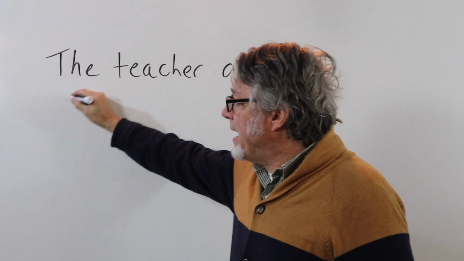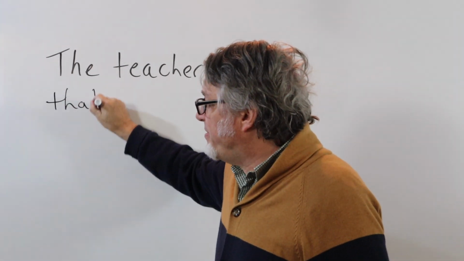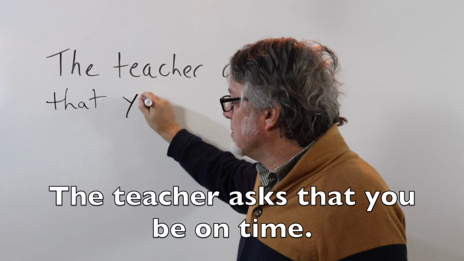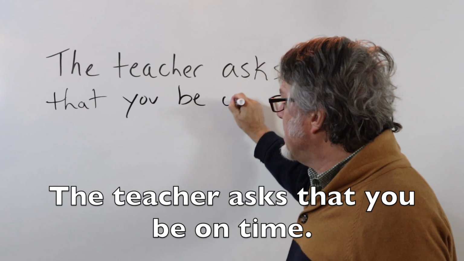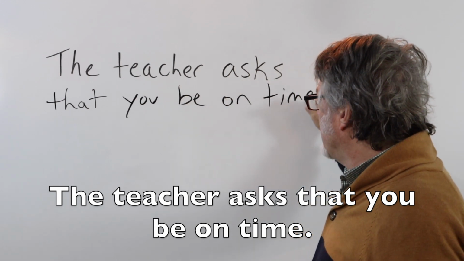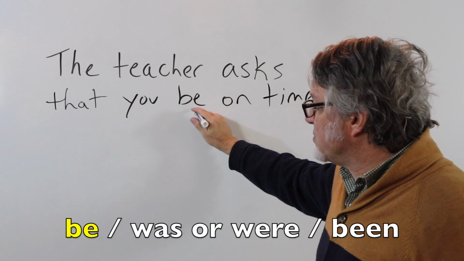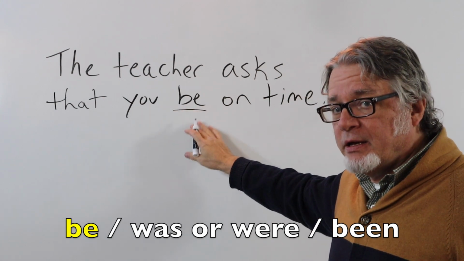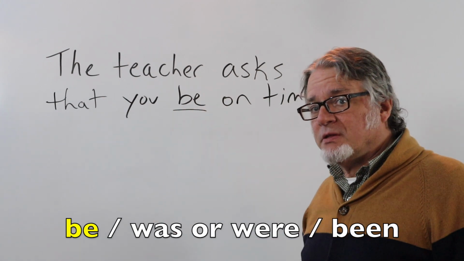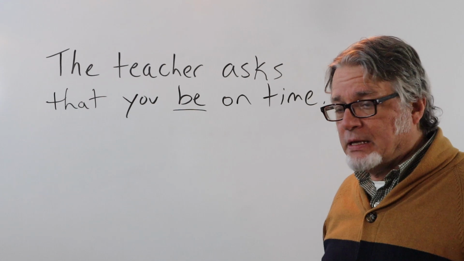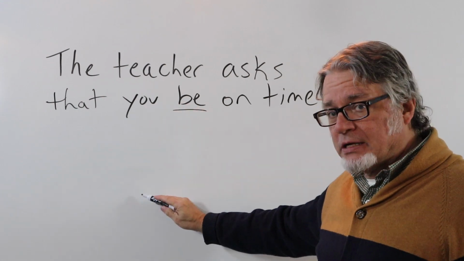The teacher asks that you be on time. Here, the verb is in the subjunctive. This is in the simple form. Here, it's a little bit more obvious that you're using the simple form. It doesn't matter what the subject is.